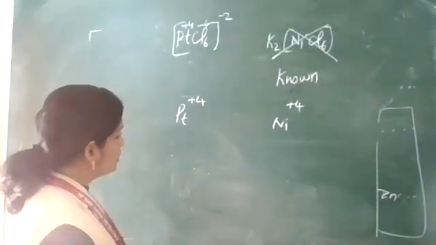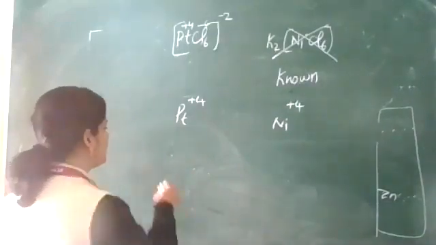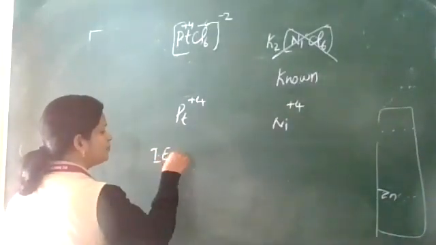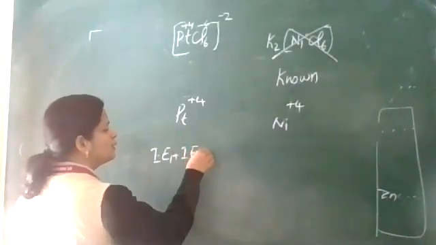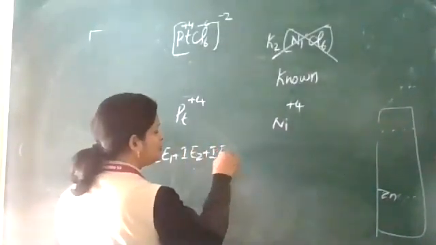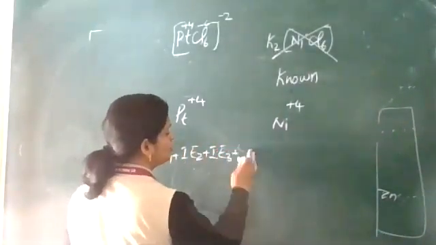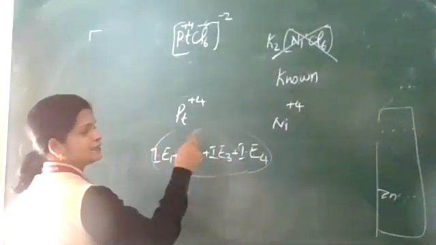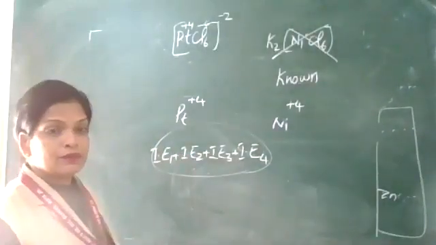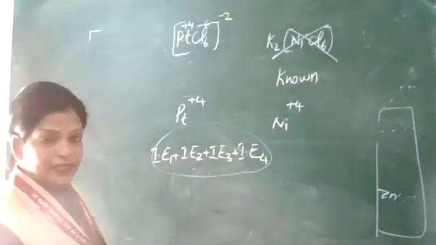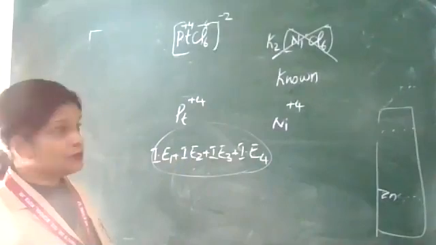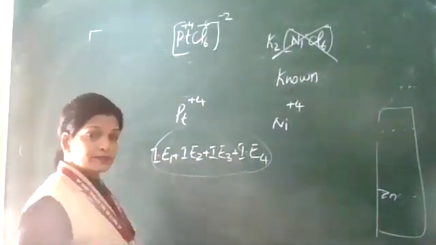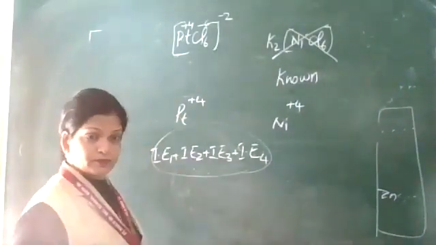So you have to write like this: IE1 plus IE2 plus IE3 plus IE4 of platinum is less as compared to this value of nickel. So nickel plus 4 is not easily formed, and that is the reason it is not found.